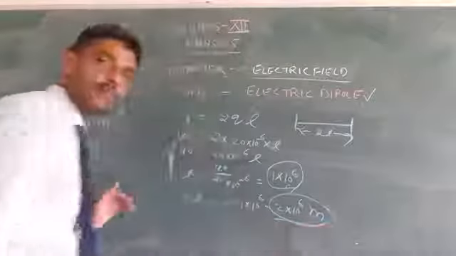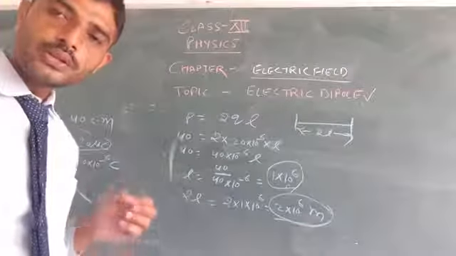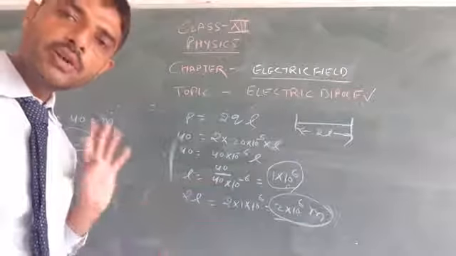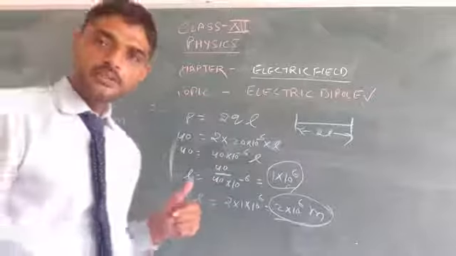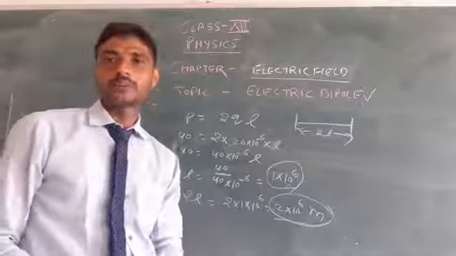So this is the procedure to solve the numerical. It is very important. You have to remember this point. And in my next video, I will solve the next topic. Thank you very much.